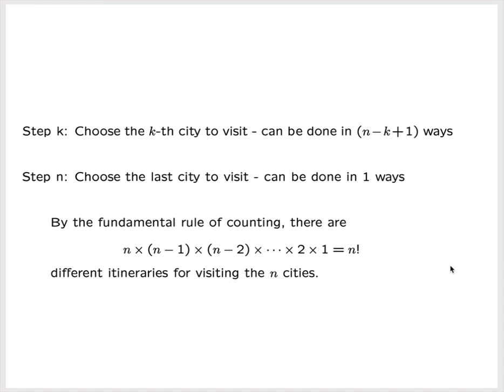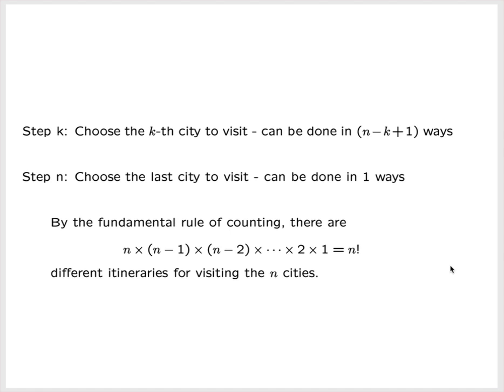Now, the factorial function increases pretty quickly, and that's one of the reasons why the traveling salesman problem is difficult to solve in general, because as the number of cities increases, the number of different possible itineraries to consider increases very, very quickly.